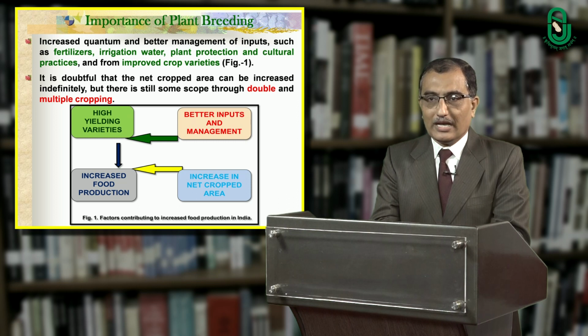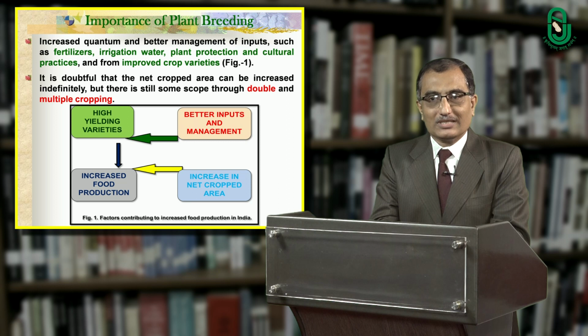No doubt, net crop area can also be increased to some extent, and that is possible with the help of double and multiple cropping systems. But the development of high yielding varieties or hybrids is the most important aspect of plant breeding by which we can increase food production.